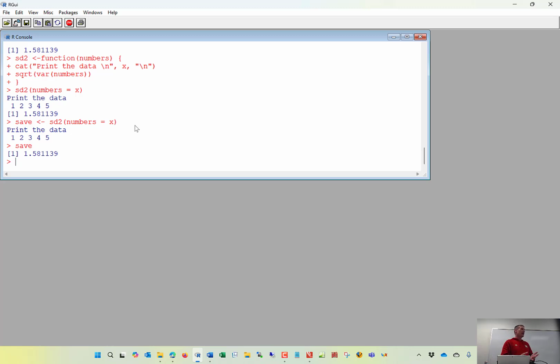It doesn't contain print the data 1, 2, 3, 4, 5. In an old-fashioned way of programming, you will still see sometimes people do this. What they will do is, for that segment of code there, they will use the function called RET, which stands for return. Return to the user what's in that very last line.